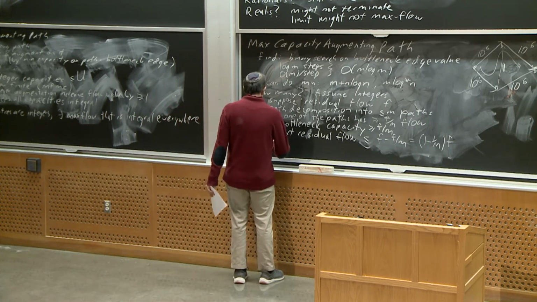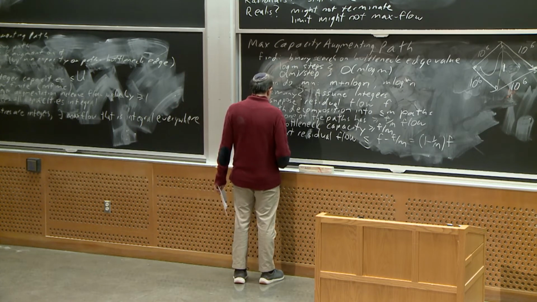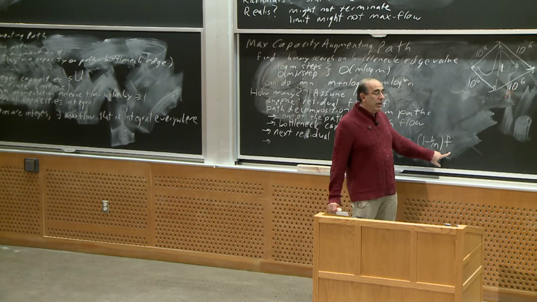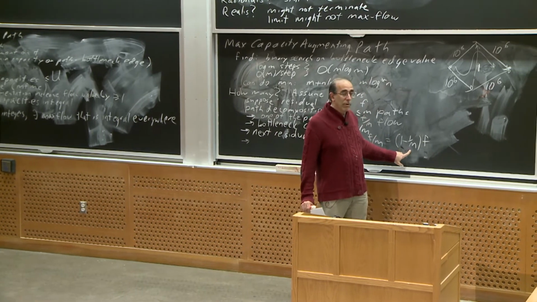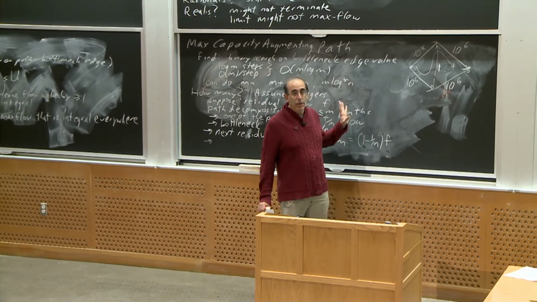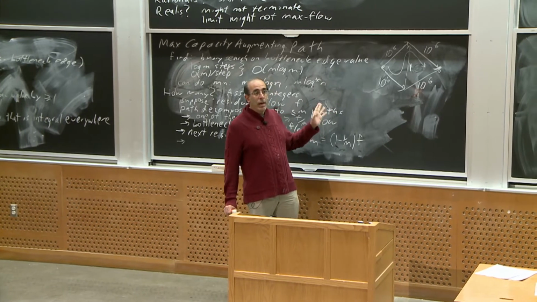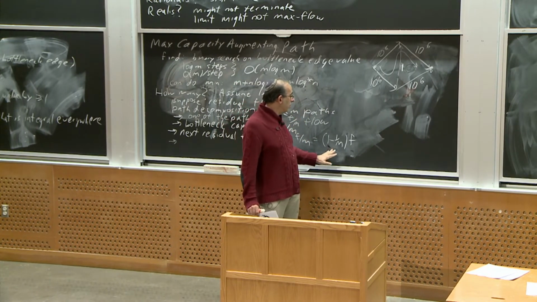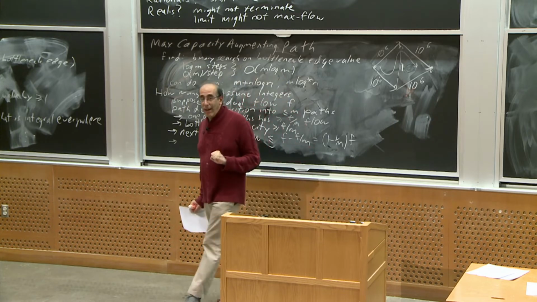So in particular, if I do this m times, it's going to decrease the flow by (1 minus 1/m) to the mth power, which is about 1/e. Right? So m of these augmenting path calculations reduce f by a constant factor.